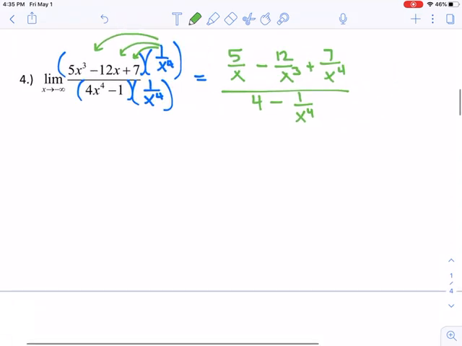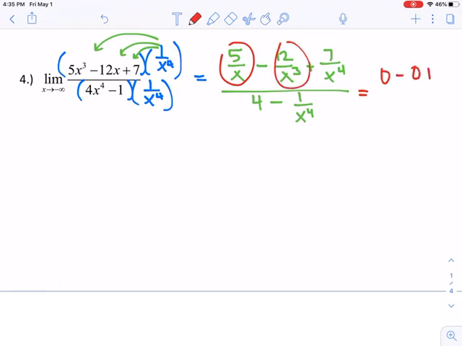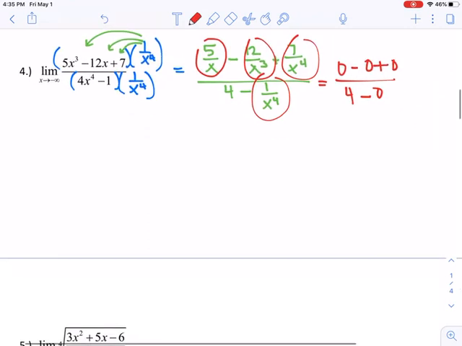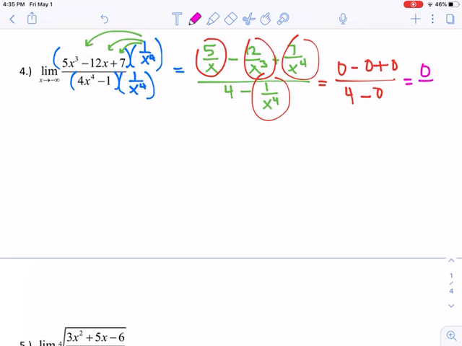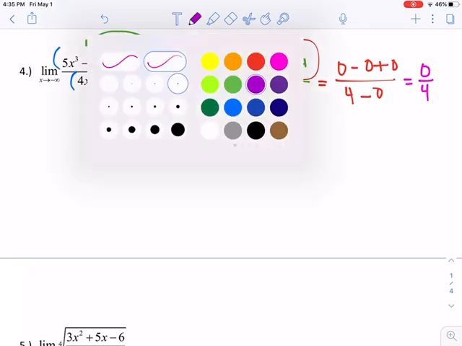As I look at taking the limit of each of my individual items, any constant over x as x approaches infinity or negative infinity is going to get closer and closer to 0. So I'm going to have a 0 minus 0 plus 0 all over 4 minus 0. So if I simplify this down, I've got 0 over 4, and 0 over any number is 0.